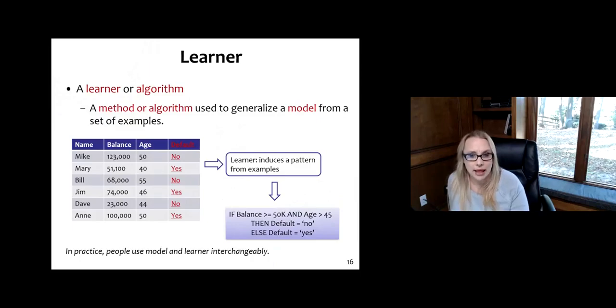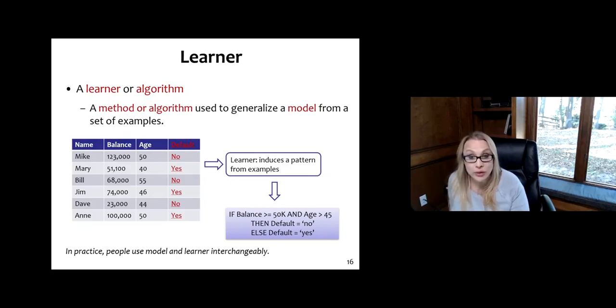Another term that I would like to define is learner. A learner is an algorithm or a method used to generalize a model for a set of examples. Staying with the same example, you have your data set here. We are trying to predict default. With the learner, we are trying to induce a pattern from the examples.